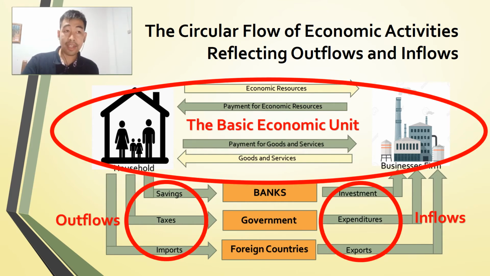As a summary, the outflows such as savings, tax, and import could reduce economic activity. However, inflows such as investment, expenditure, and export could increase the economic activities of the basic economic units.